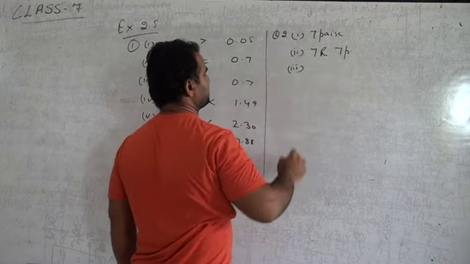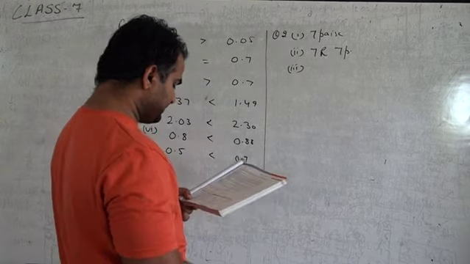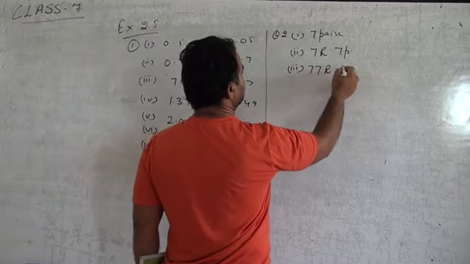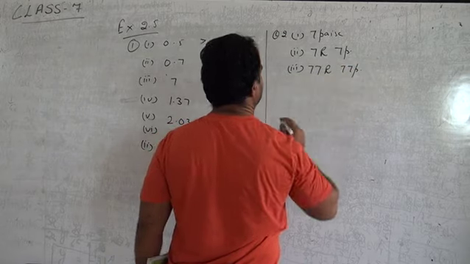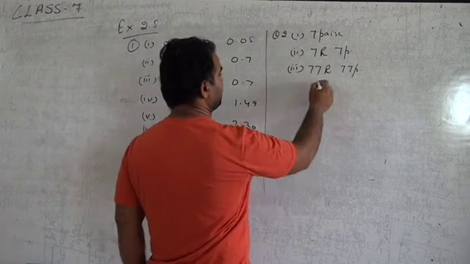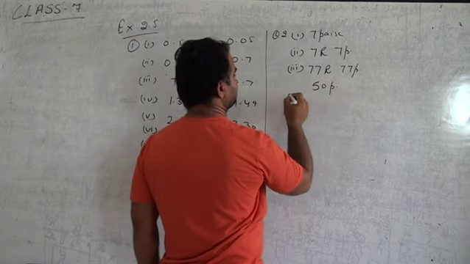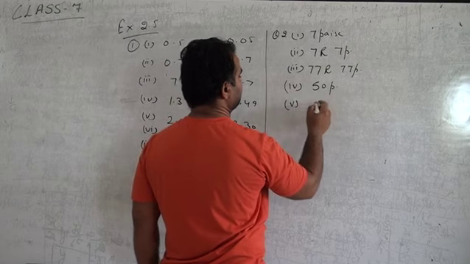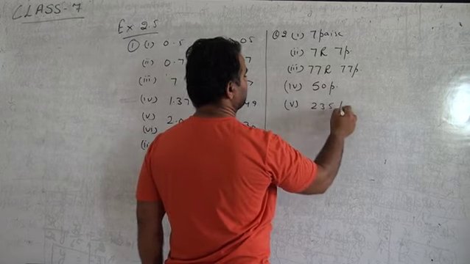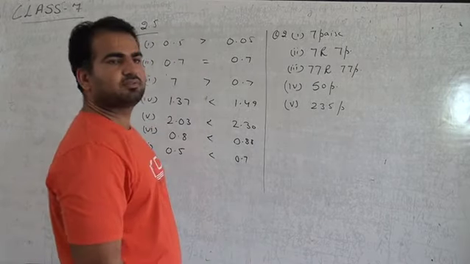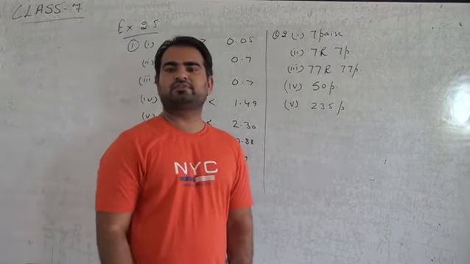Third is 77 rupees 77 paise. Fourth is 50 paise. And fifth is 235 paise.